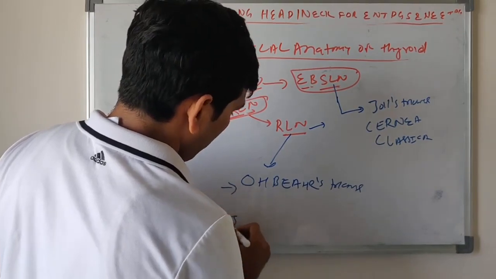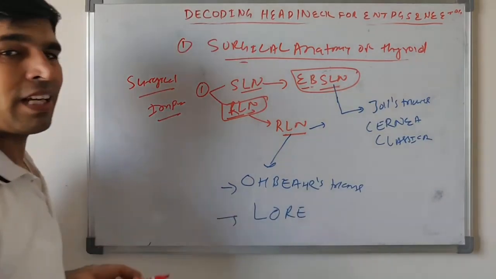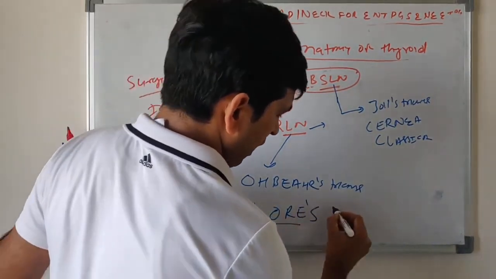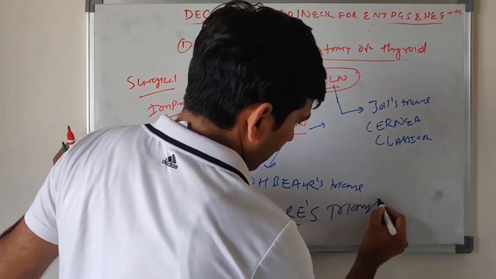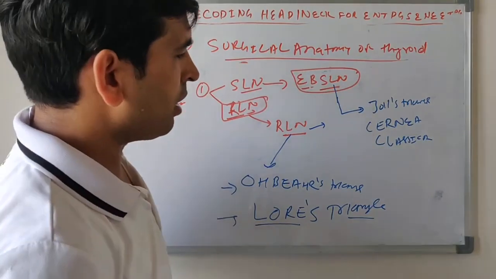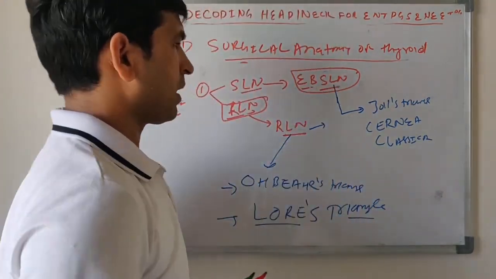And very important for me, I have operated on more than 200 thyroid surgeries. For the recurrent nerve I use this triangle, that is Lore's triangle. You have to focus on these triangles. These are surgically very important. I recommend identifying each and every branch.